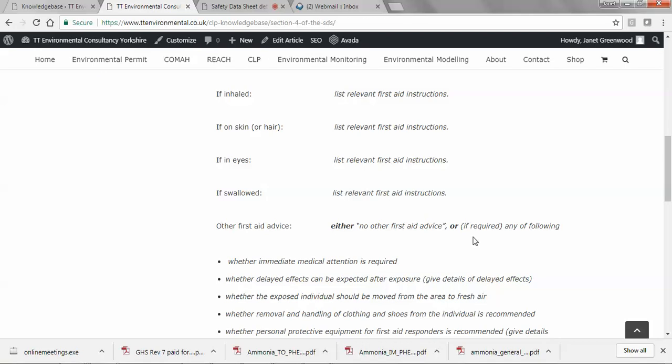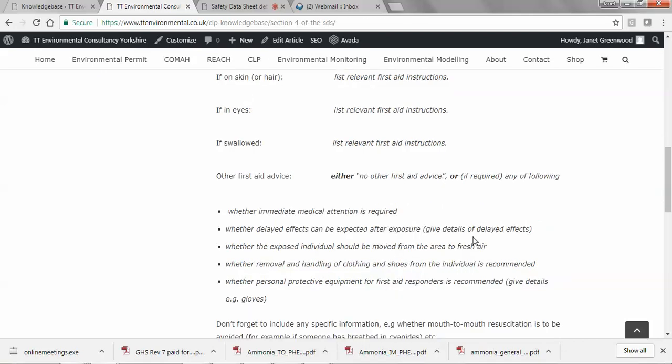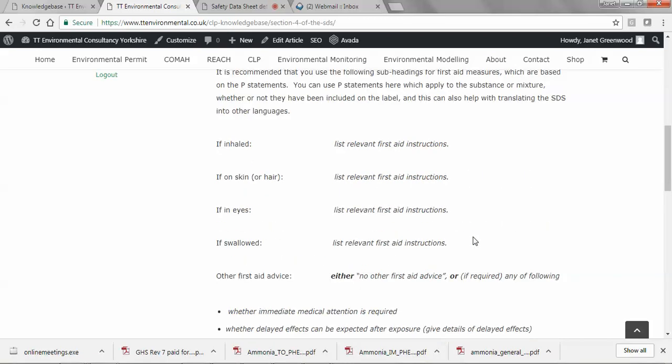Other first aid advice, either no first aid advice or particular bits of first aid advice, can also go in at this point. However, with all of this, it's important that if you've got something that's very low hazard, you are not incriminating yourself or making it look like the product is more hazardous than it is. For example, if it's a water-based product and there aren't any organic solvents in there, do you really need to put down if inhaled?